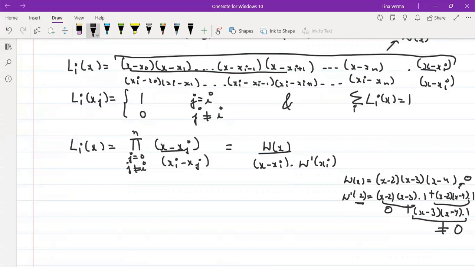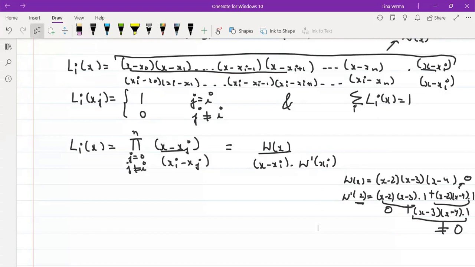Yes or no? So this is just the notation. Your formula is the same: you have to find L0(x), L1(x), L2(x). Just substitute and you will get the answer. Is it clear up to here? Yes or no?